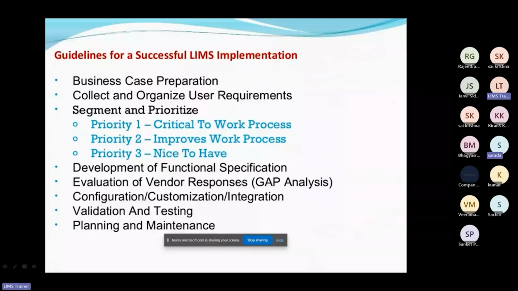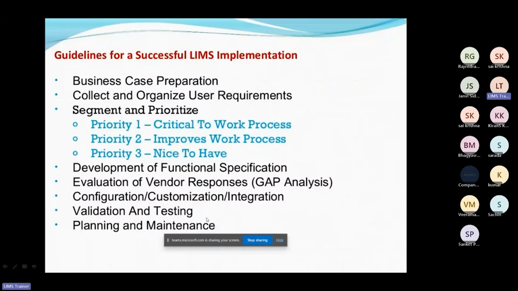After this, we need to do gap analysis. After the gap analysis, we go for integration, configuration, and customization. After all this activity, we go for validation and testing. Now I will explain one by one with an example.